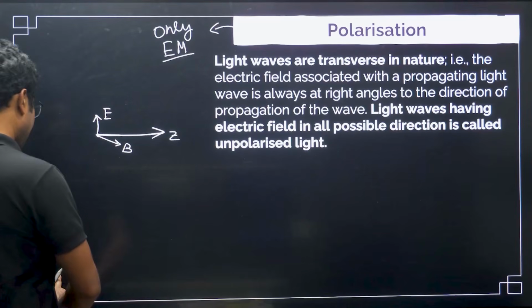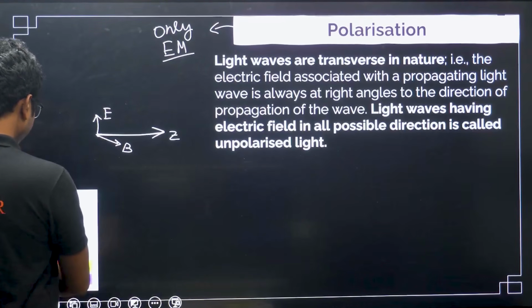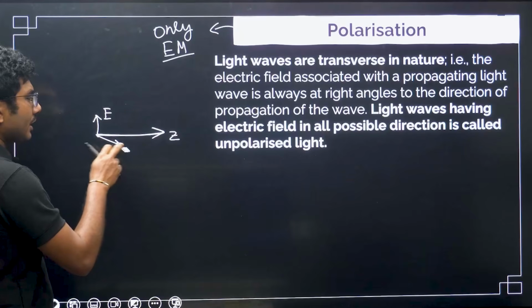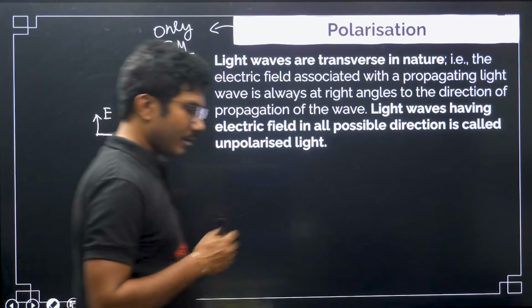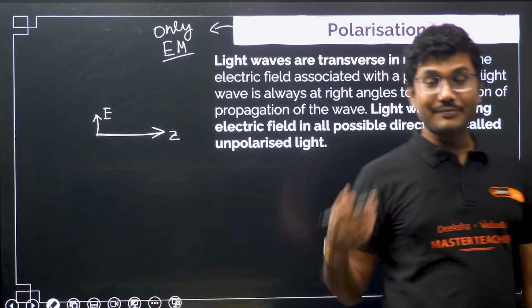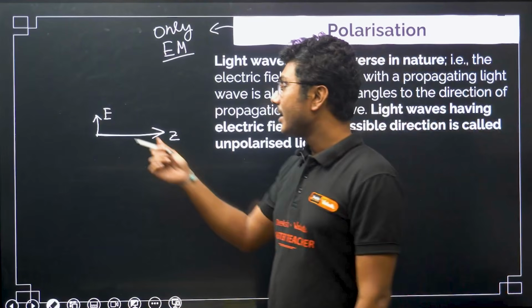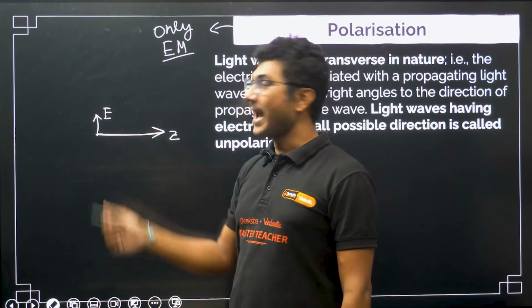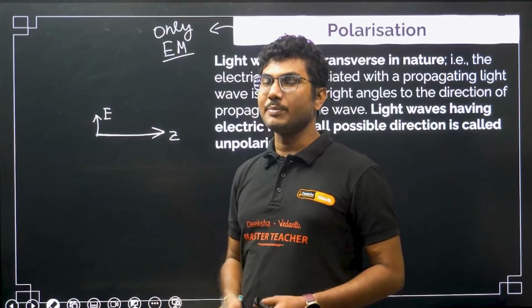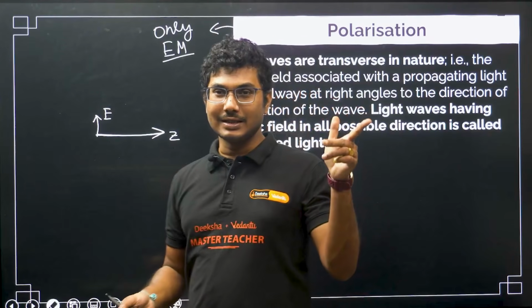Now, let us understand this. From now on we do not consider the magnetic field. Magnetic field is there, magnetic field is required. In fact, electric field, magnetic field and light propagation are mutually perpendicular, like this left hand rule.